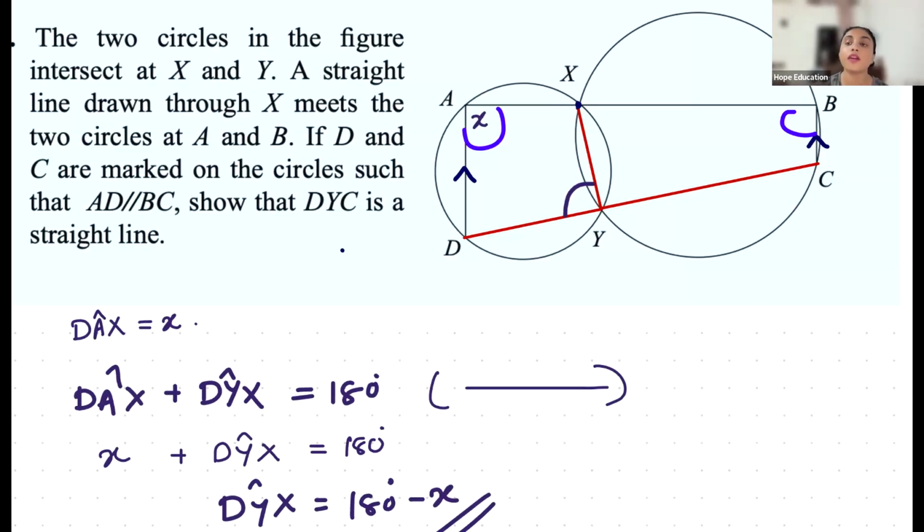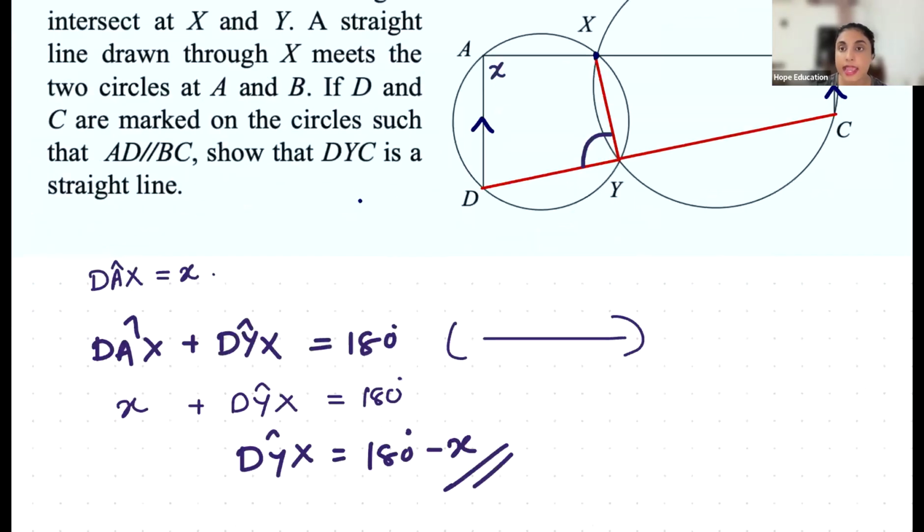And what do we know about allied angles between parallel lines? They add up to 180. Allied angles between parallel lines, when you add them, it will be 180.